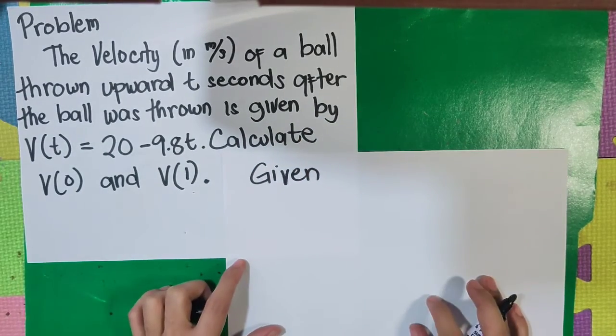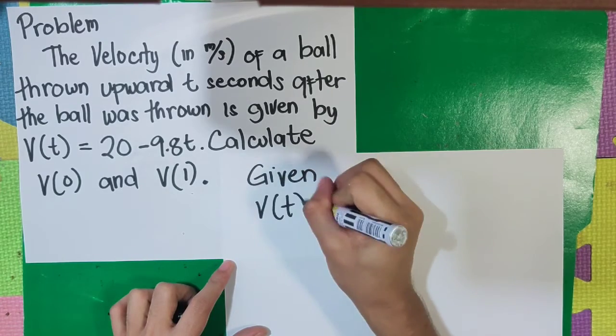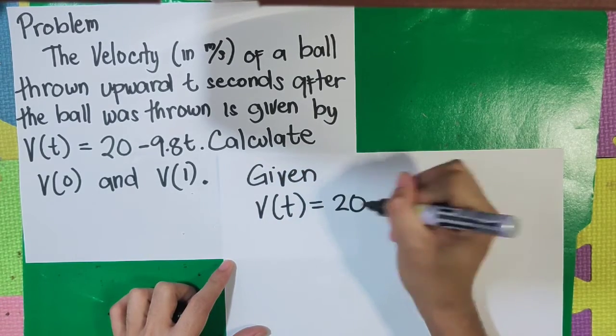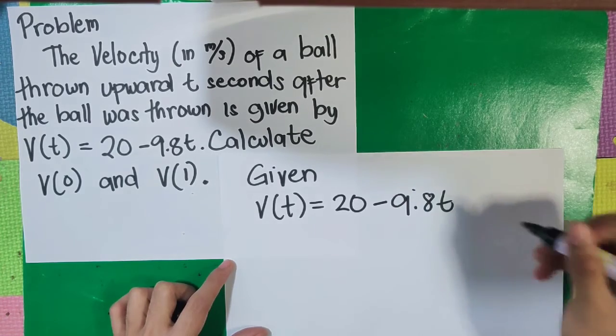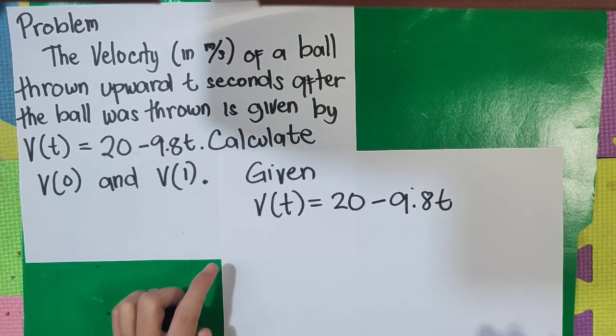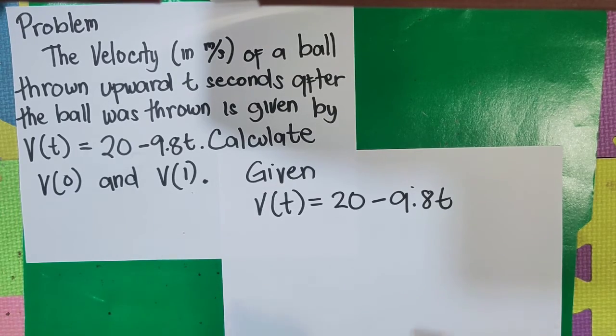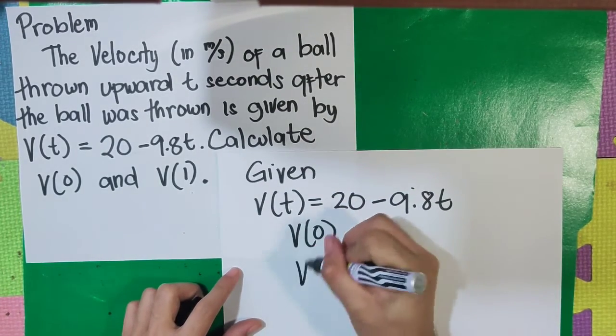So the given would be v of t is equal to 20 minus 9.8t. So this one is the given function. Next is to identify the given situation: v of 0 and v of 1.